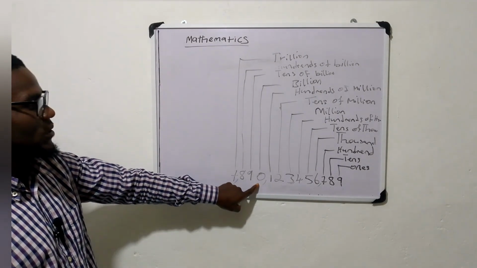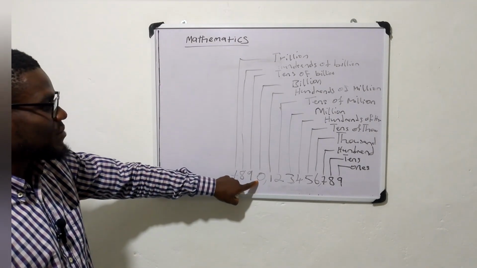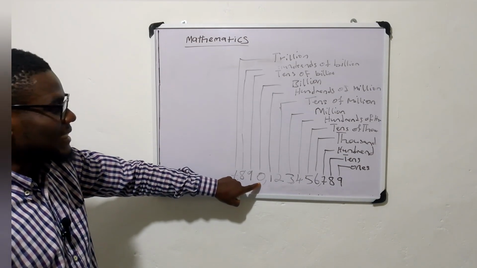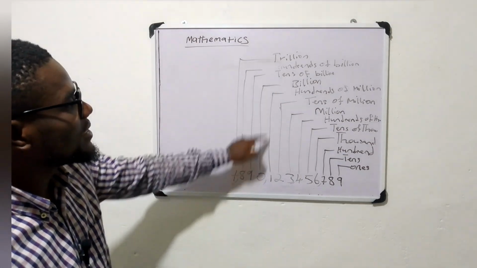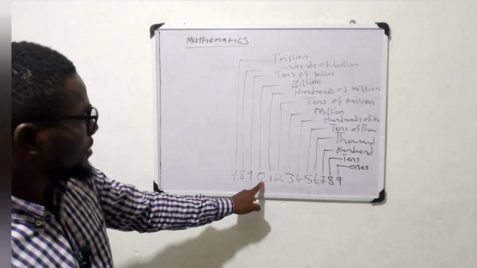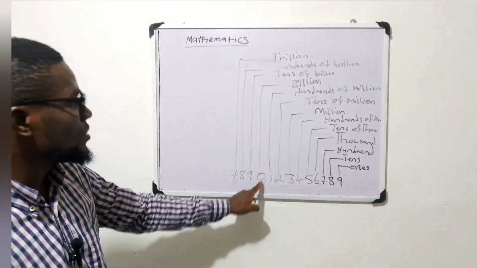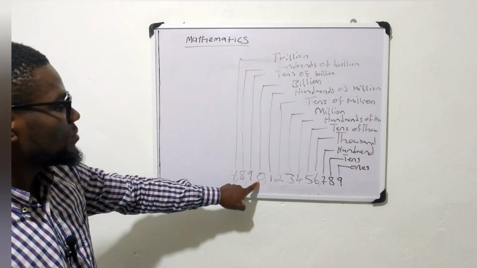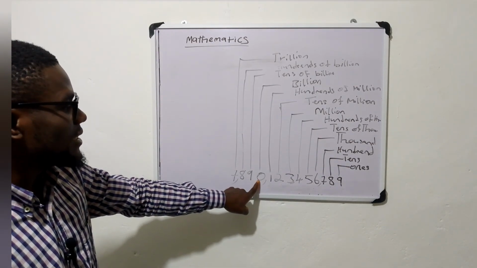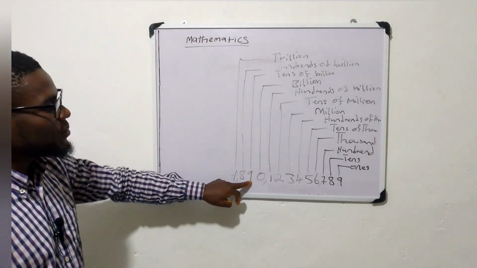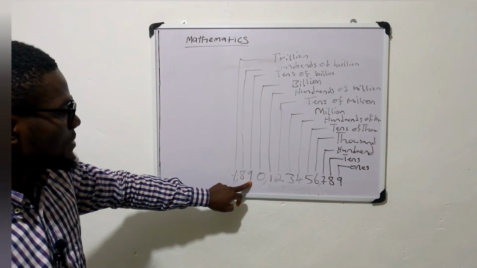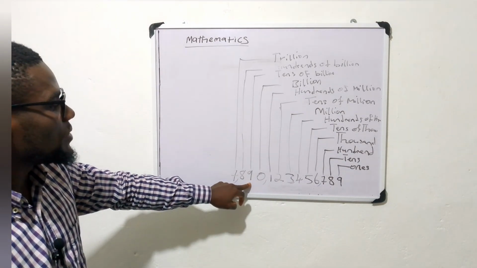The position of this 0, it doesn't matter the value here, but its position remains billion. So the position of this digit here is billion. Let's proceed to the next one. We have 9 here. What is the position of this 9?